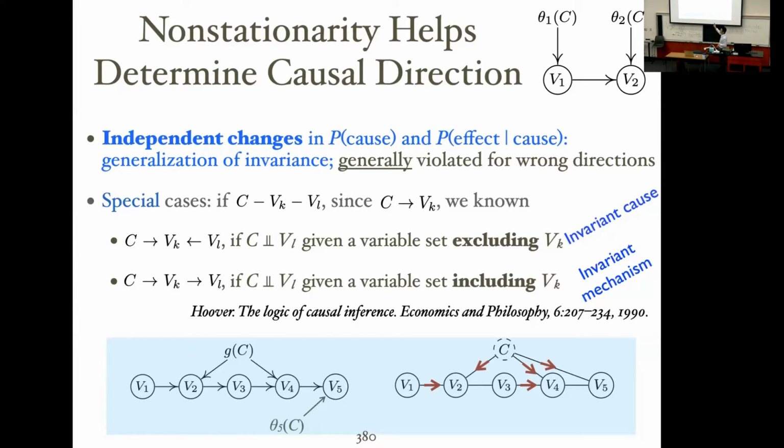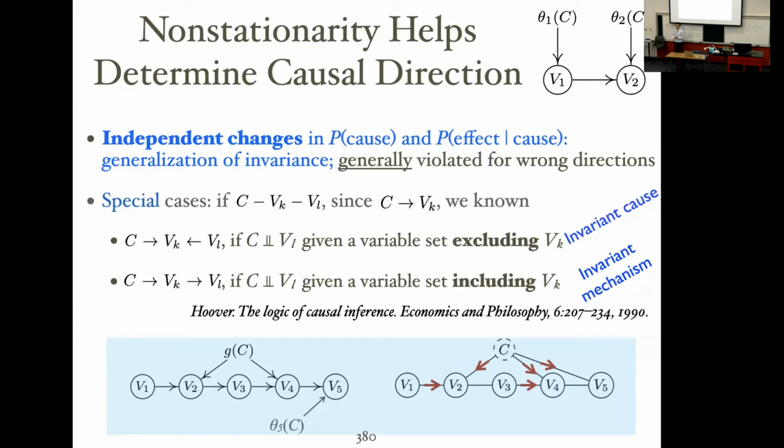However, here we can go beyond that. Even if both of them can change, so C can also go there, we don't care, because we can still verify whether the mechanisms change independently, as you can see from here. If you have this case, then this is the invariant mechanism. If you have this case, you have an invariant cause.